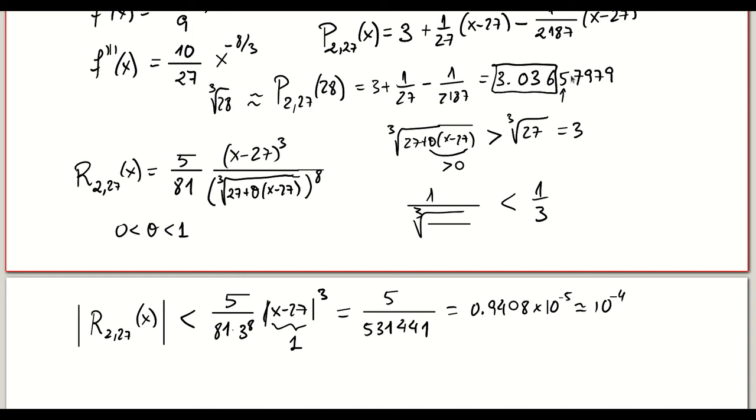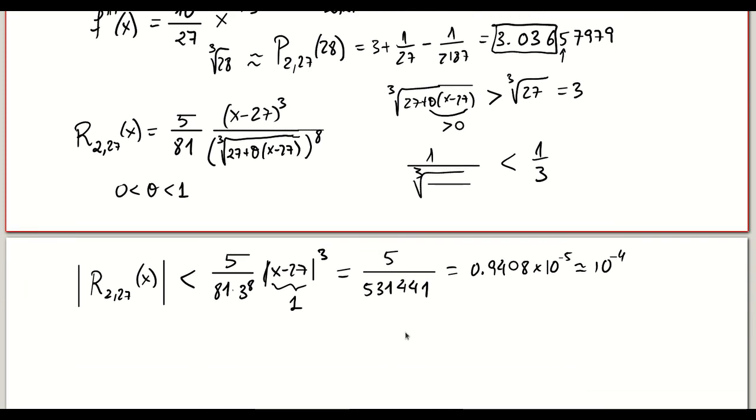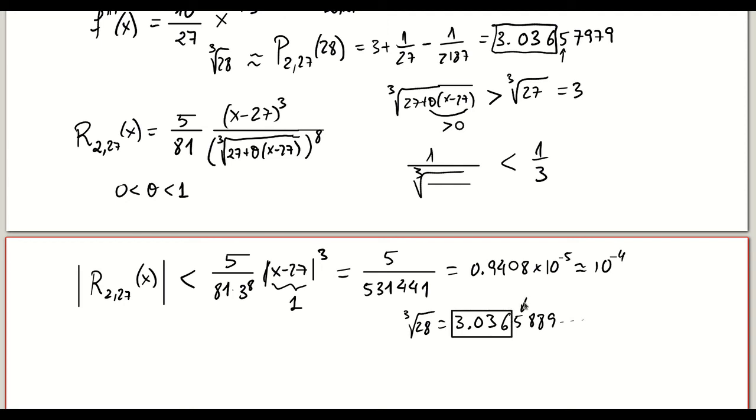And actually, if we calculate the exact value of the cubic root of 28 with a calculator, what we get is 3.0365889, etc. So you see, these first four figures are correct. By chance, the next one is also correct, right?